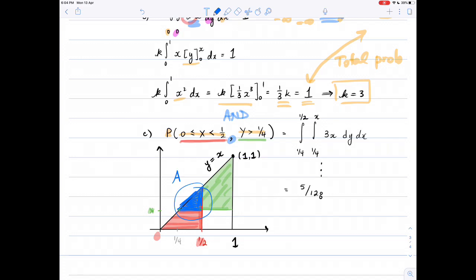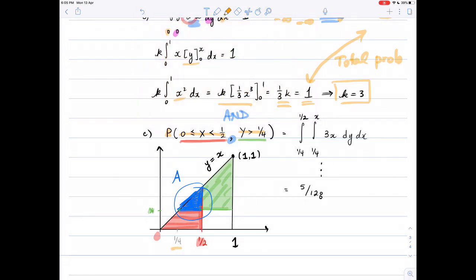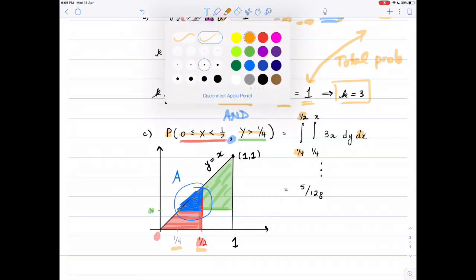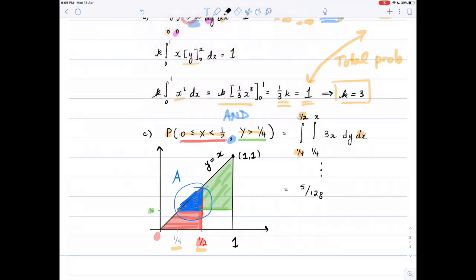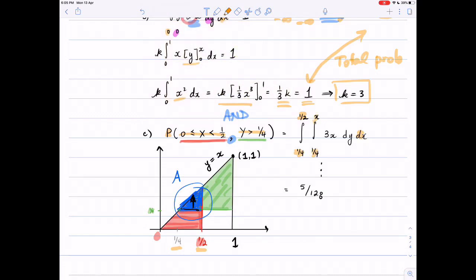And so this integral is the integral for x from 1/4 to 1/2 of dx, where y goes from 1/4 to x of the density function.